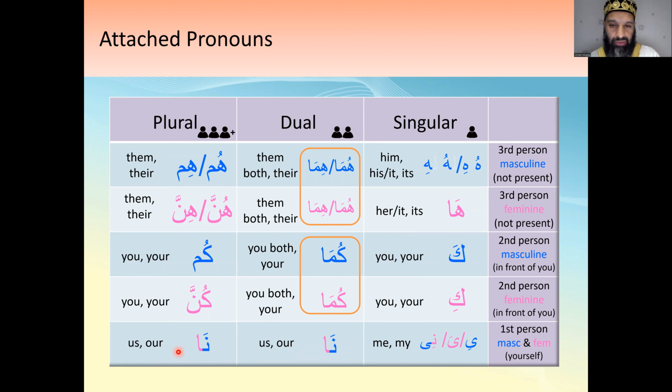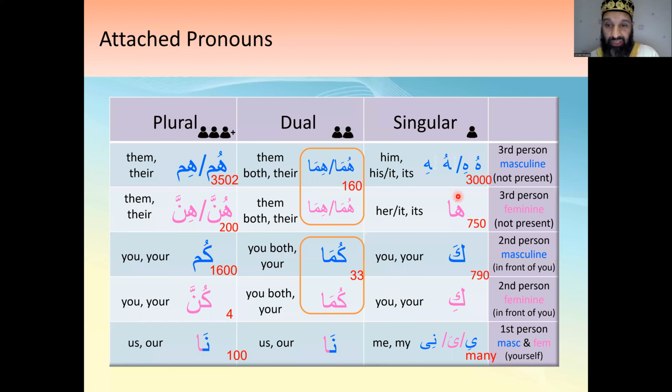And look at the numbers, the words that this hum comes attached to, 3,500 over. This one, 3,000. So like 100 in a juz. Why many? Because any word that has a hu or a hi on the end, I've added it in.